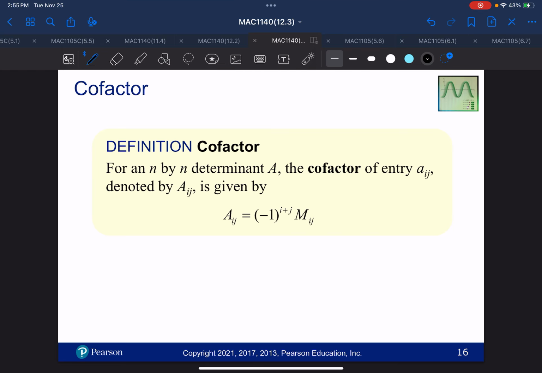And so the definition of the cofactor is, for an n by n determinant A, the cofactor of entry A sub ij, denoted as capital A sub ij, is equal to -1 raised to the i plus j power times M sub ij, where i is equal to the row number and j is equal to the column number.